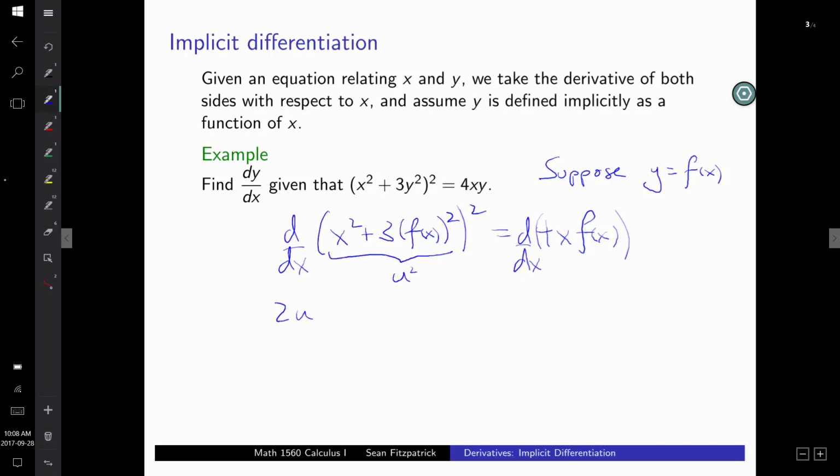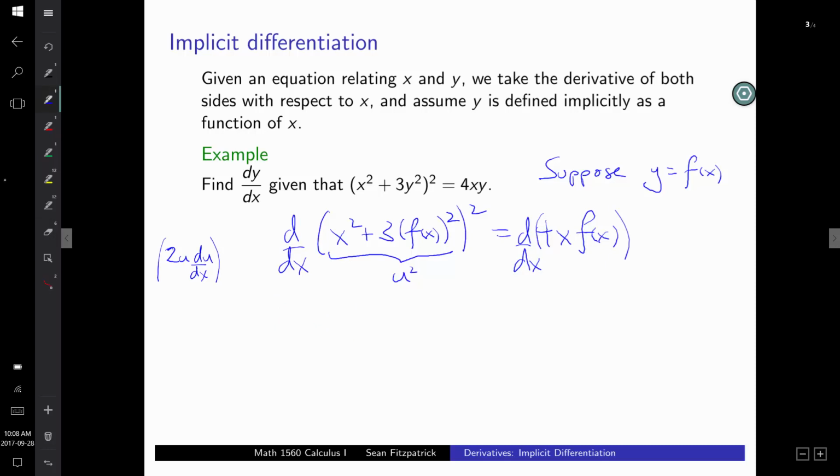I should have 2u and then du dx. Let's take that and set that aside. So 2u du dx is what we're putting here, and let's actually write out what that is.